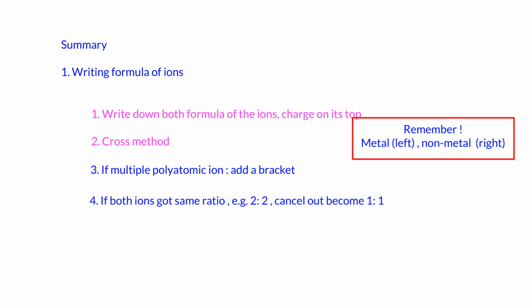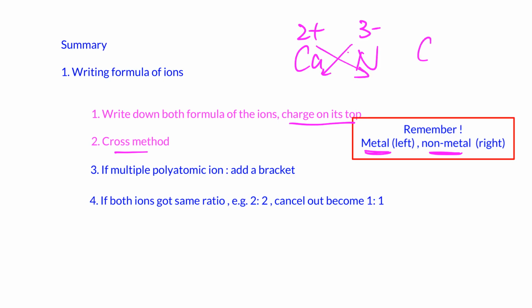Okay, summary for this video. You learn how to write formulas of ionic compounds. Remember, write down the formula of the ions first. On the left should be the metal, on the right should be the non-metal, and you put the charge at the top. For example, you have calcium 2 plus, you have nitride 3 minus, and in this case you use the cross method. You do it this way, and then you have Ca3N2.